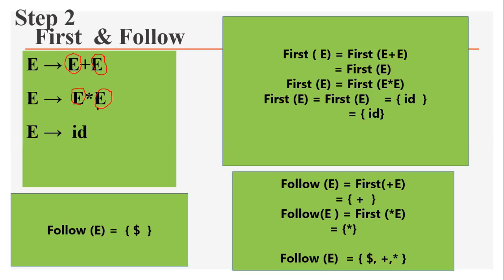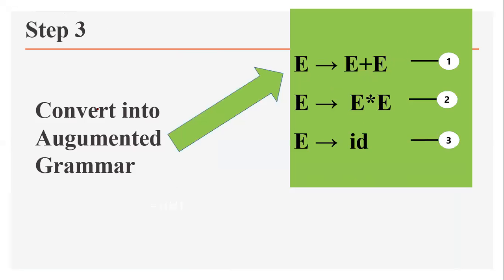Now we already numbered and computed first and follow, and the next step is to convert that into augmented grammar. So you have to include one new start symbol. See, instead of continuously using E dash, I changed it now to some other non-terminal. Just S derives E, and from E onwards it continues.